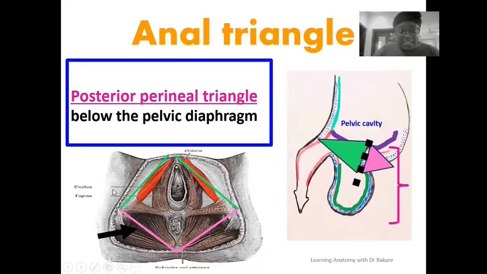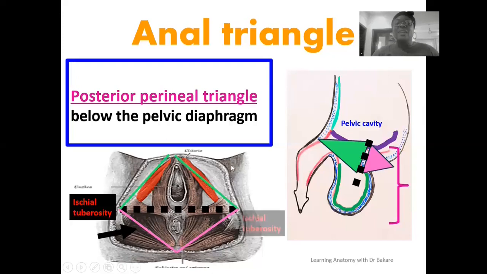So if you try to create this alignment as shown here in this image, and you use this imaginary line here that is demarcated in dotted black to further subdivide the perineum, you see that this alignment is running from one ischial tuberosity on the right to another ischial tuberosity on the left. And of course, this alignment is seen to run medially across the perineal body.